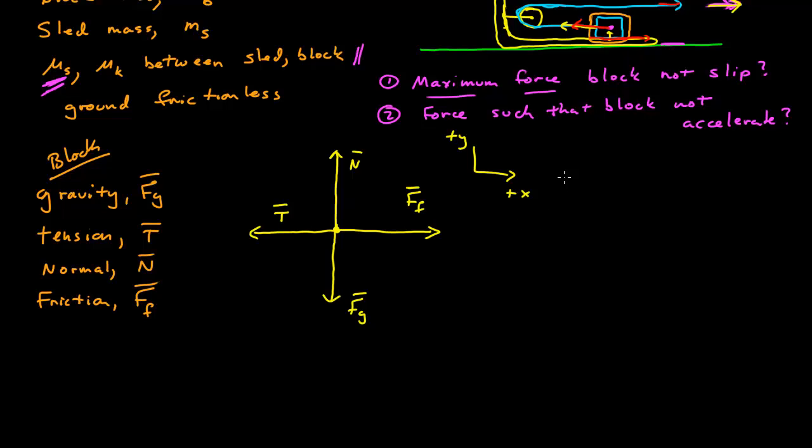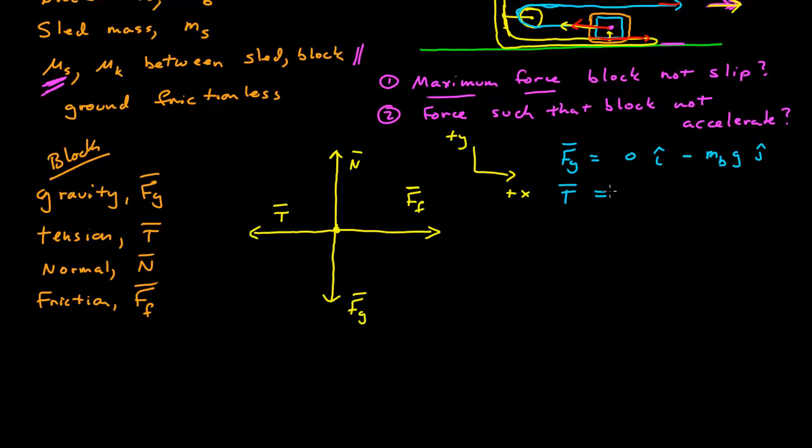It has nothing along the x-axis. It has the magnitude equal to the mass of the block. Remember, I have to distinguish that from the mass of the sled. Mass of the block times g. It's in the y direction, and it's negative. Okay, so I also have the tension here.